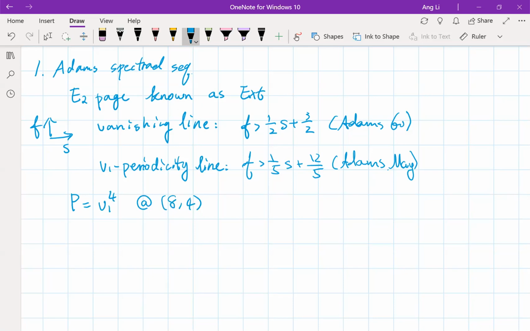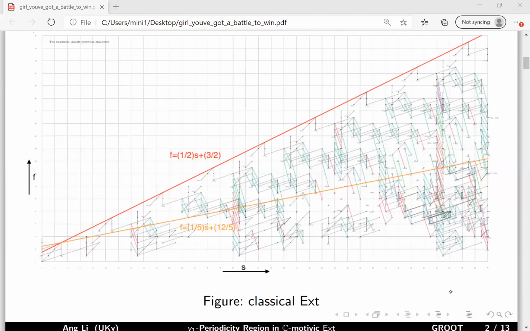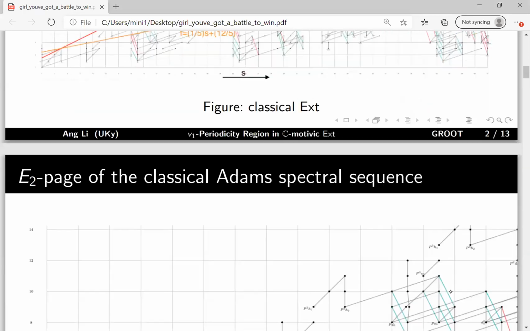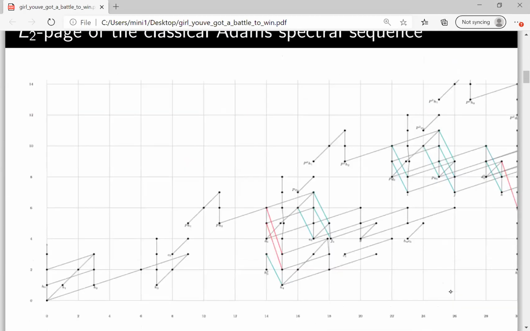So if we go back to the spectral sequence, this is a zoomed in version, and you can see at (8,4), there's nothing. So P is not actually in Ext, but multiplying by P still makes sense. Because P is not an element in Ext, that causes a problem. How do we actually define this v1 periodicity?